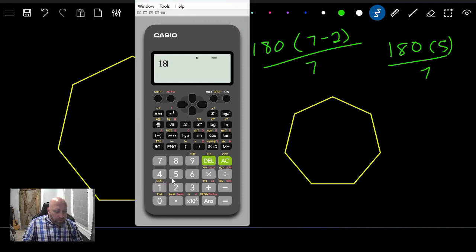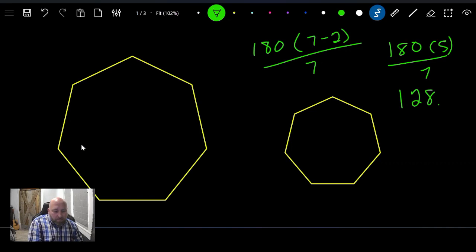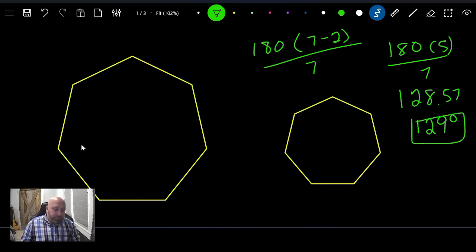So I'll do 180 times 5 equals 900 divided by 7 is going to equal, let's see, 128.57. Let's call it 129. We'll round that off. It's not perfect, but we'll call it good. So each one of those angles is 129. Now that's in both of them, 129 and 129.